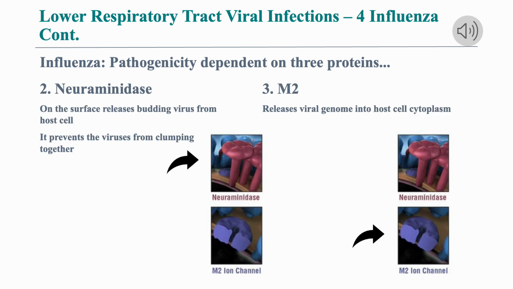The other 2 proteins that the pathogenicity of the flu relies on are number 2, neuraminidase, and number 3, M2. Neuraminidase is on the surface, and it releases budding viruses from the host cell. It also prevents the viruses from clumping together.